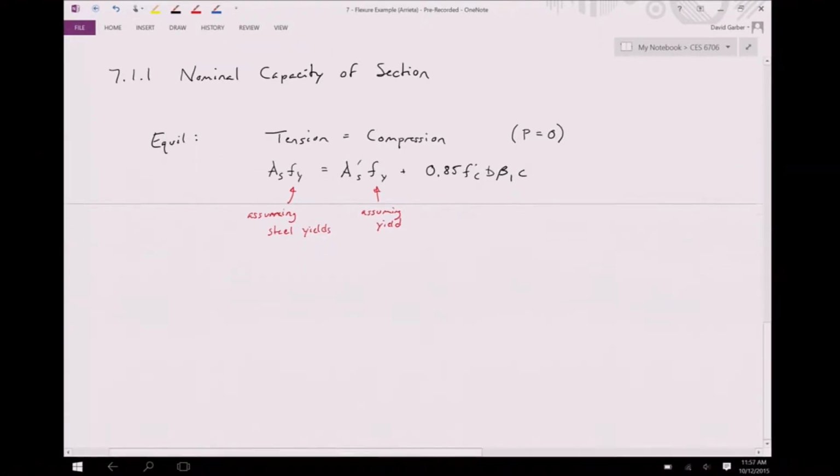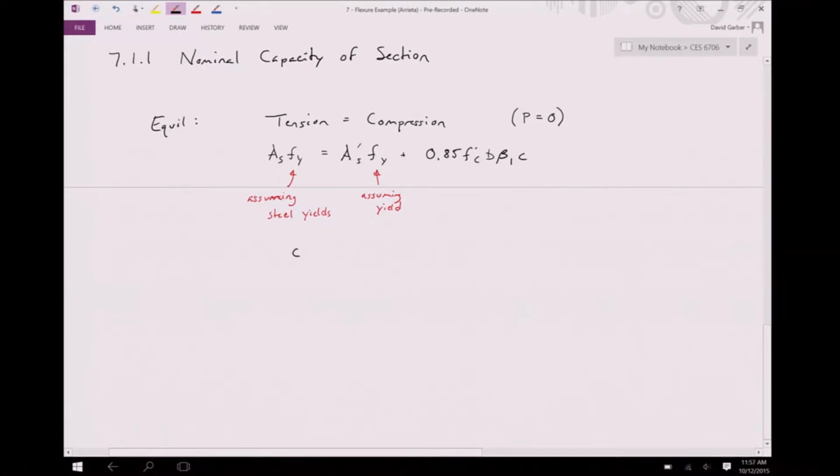So we can solve for c, and we'll find our c equals As fy minus As' fy over 0.85 f'c beta 1 times b.